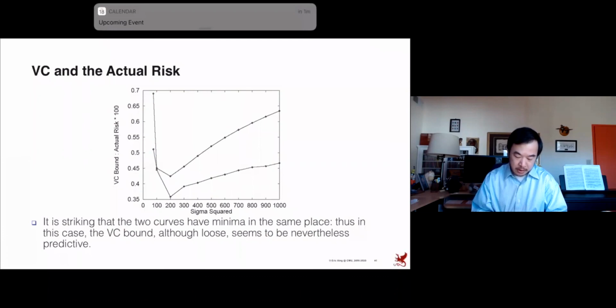And here, I reiterate the connection of your true risk, which is in here, versus the calculated VC risk that you compute from the big O encapsulated complexity function. Their trends are actually highly aligned, but their numerical values can be orders of magnitude different. Remember, this is risk times 100, and it's still quite above that. Right? So you don't want to take those numerical values seriously, but the trend, where they dip to a minimum and where they increase, are still aligned.